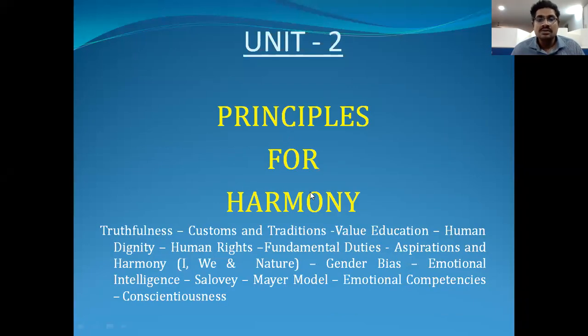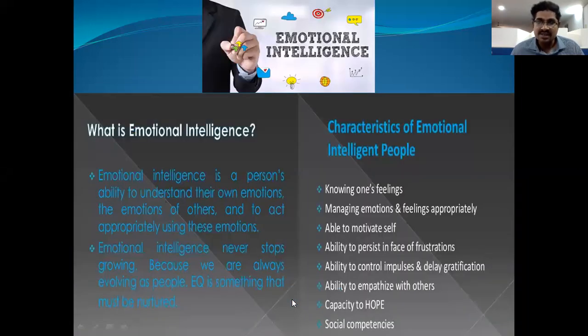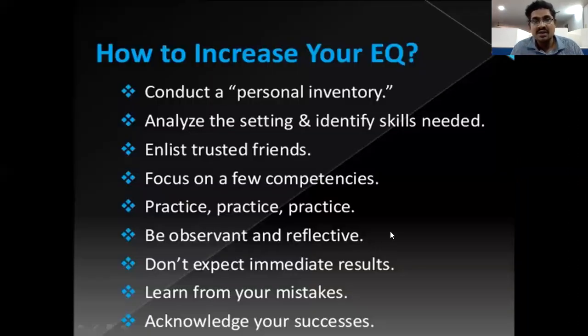Today's class, we should focus upon ethical decision making. We completed emotional intelligence, which means controlling and balancing our emotions. We discussed these features, and the methods or ways to increase our capacity to control and balance our emotions.